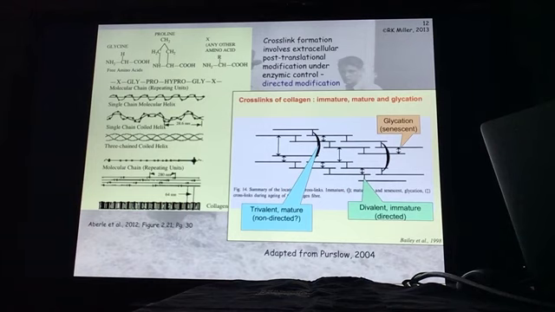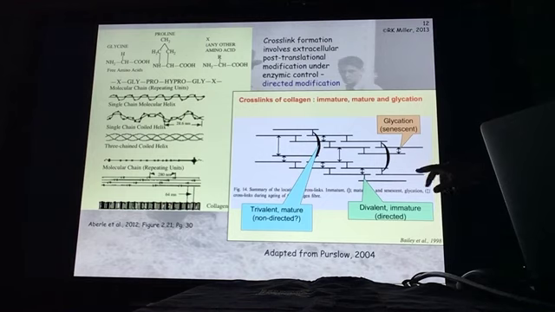He talks about trivalent mature crosslinks, divalent immature crosslinks, and glycation crosslinks. The point I really want you to get at this stage, because you'll talk about these other crosslinks later on if you're interested in more of the basic meat science, is that he introduces the concept of immature, mature, and then glycation.